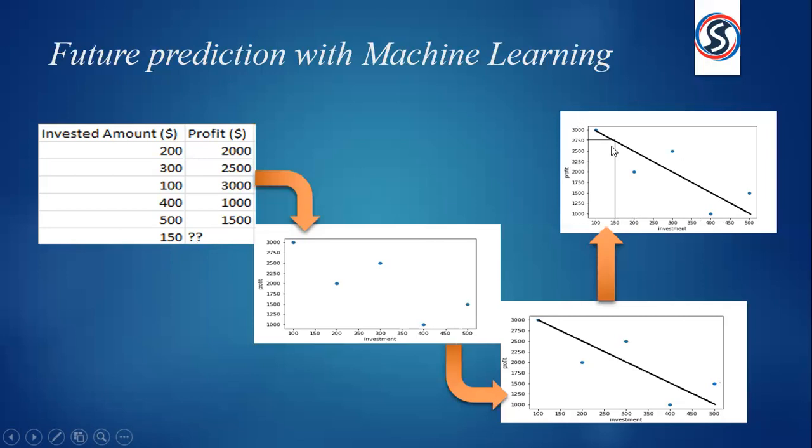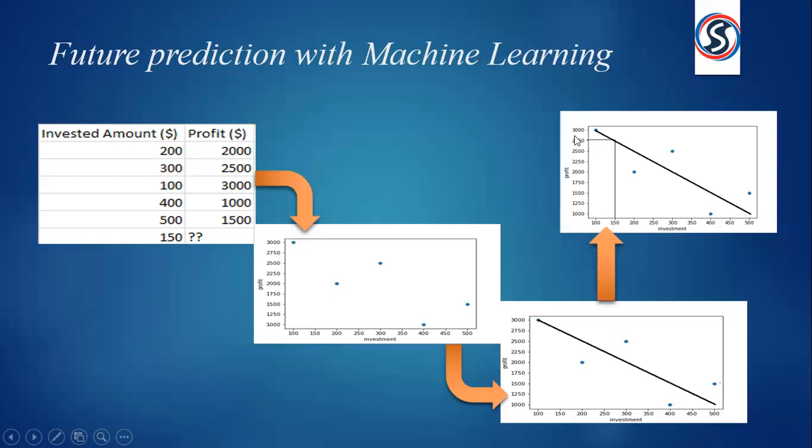So if I join the future invested amount to this line and then to the y axis, I am creating one imaginary line to my profit.